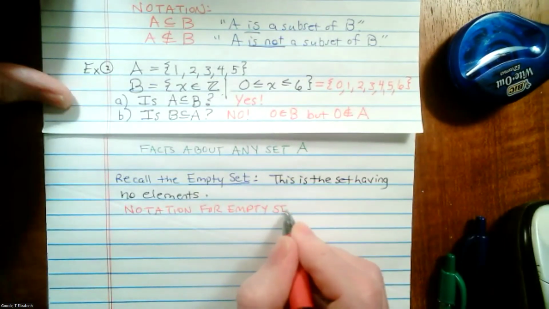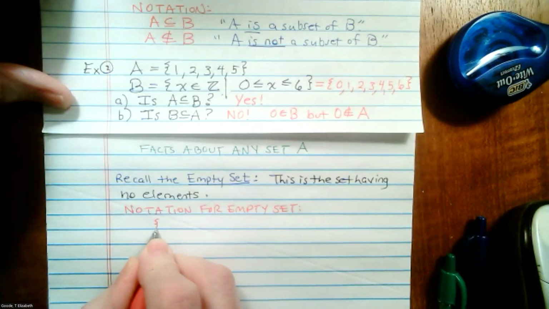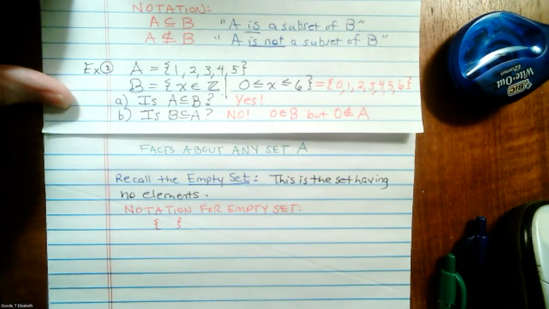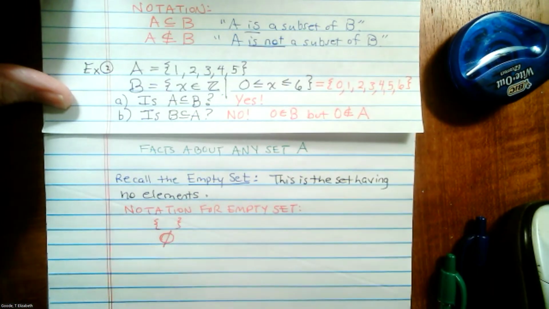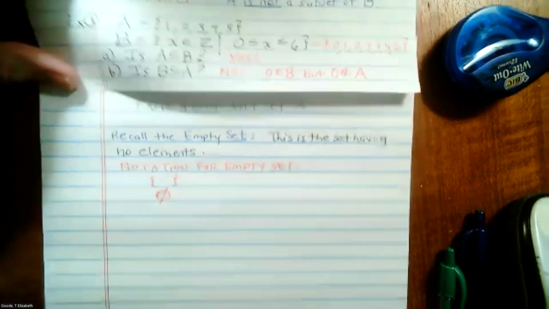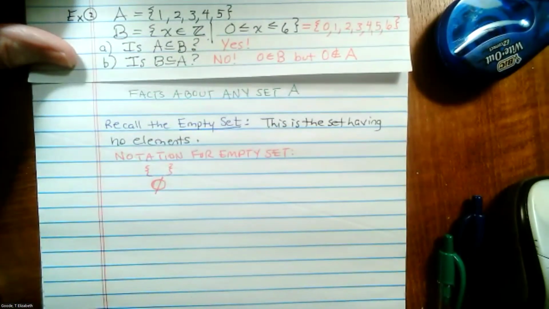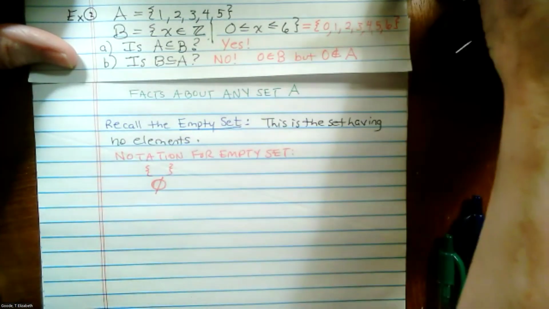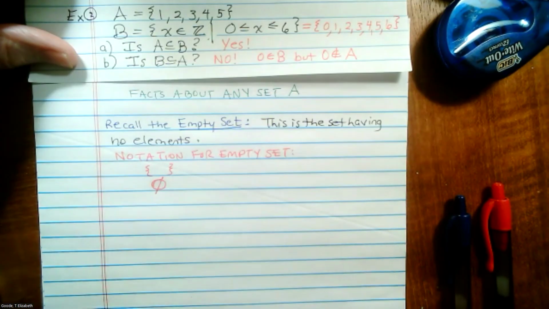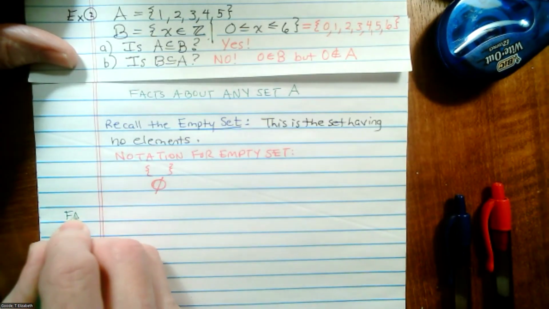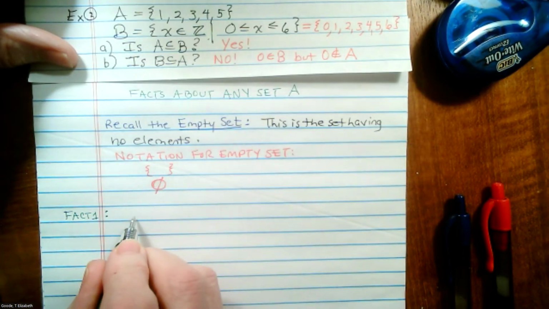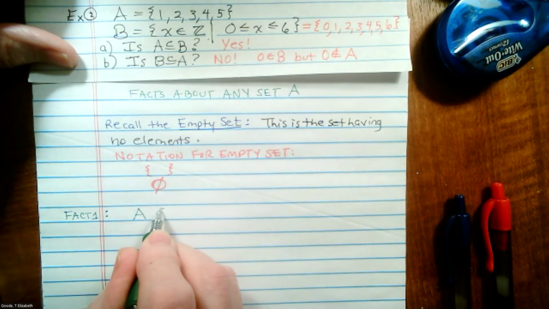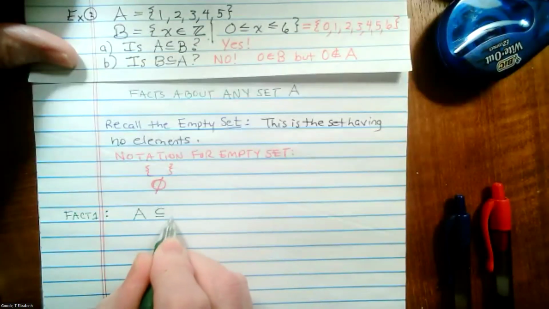We can just use curly brackets with nothing in them at all, or we can use the round circle with a slash through it. Either one of those represents the empty set, okay? And some facts about any set A: A is always a subset of itself.